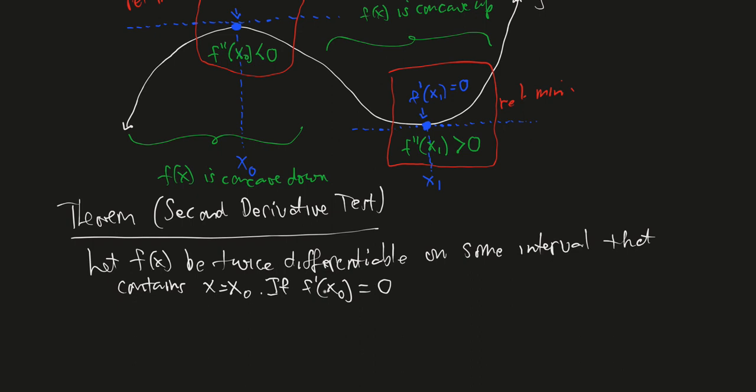That means, again, that's one of our stationary points. So if the first derivative is equal to 0 at that point, here are the three possibilities.